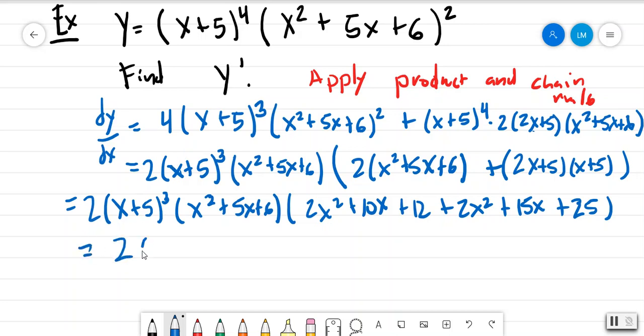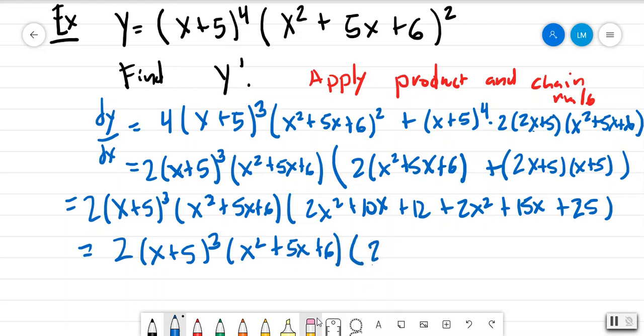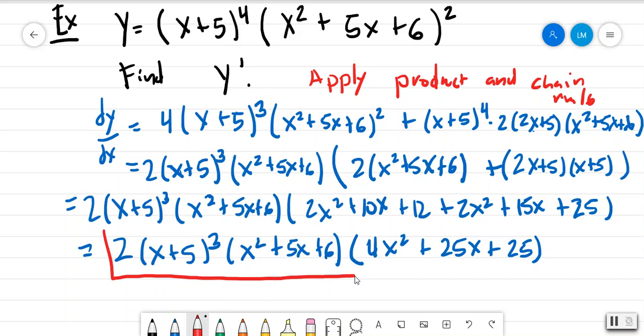So we end up with 2 times x plus 5 cubed multiplied by x squared plus 5x plus 6 multiplied by 4x squared plus 25x plus 25. Okay, so potentially this is our solution as long as we did our work correctly.